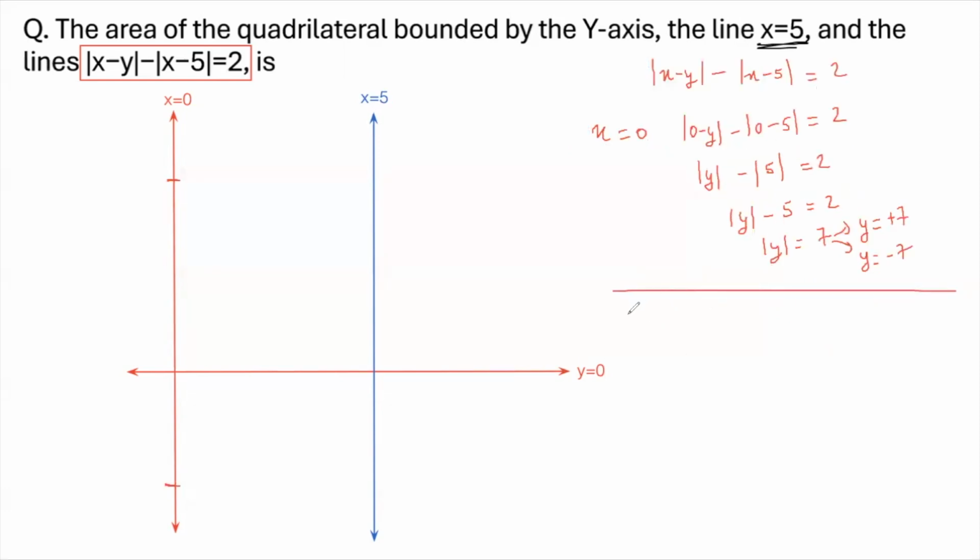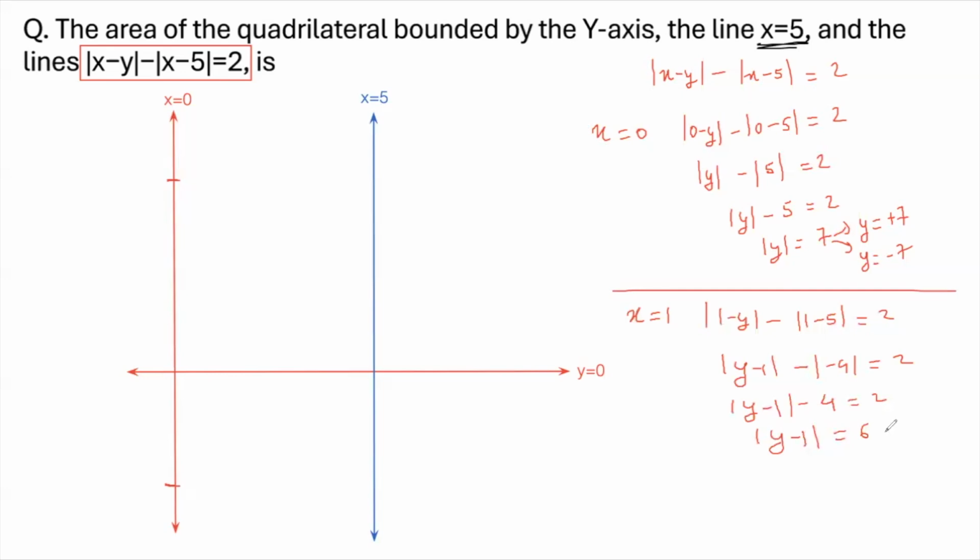All right, guys, the next thing we do is we substitute x = 1. So |1 − y| − |1 − 5| = 2. For that, |1 − y| or |y − 1| − |1 − 5|, which is |−4|, is again 4. So |y − 1| − 4 should be 2, or |y − 1| would be equal to 6.